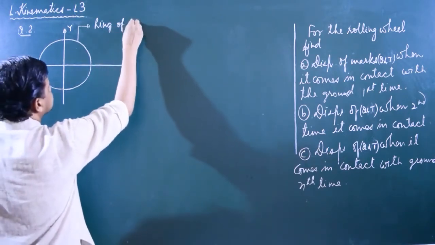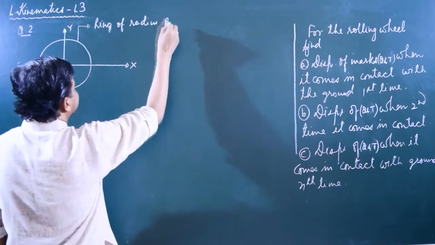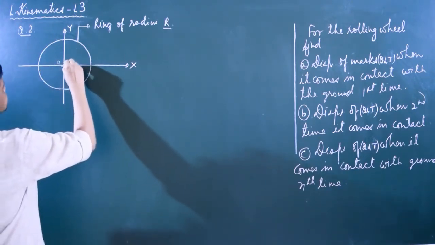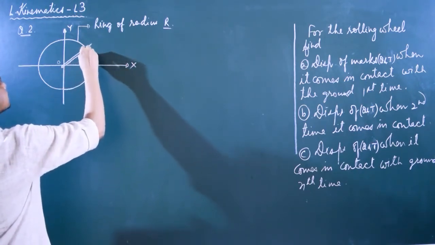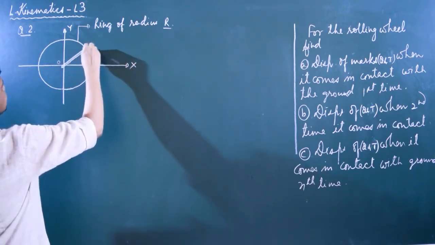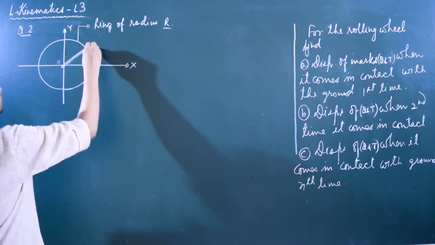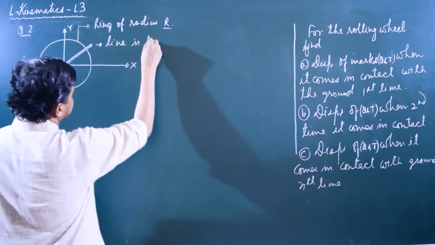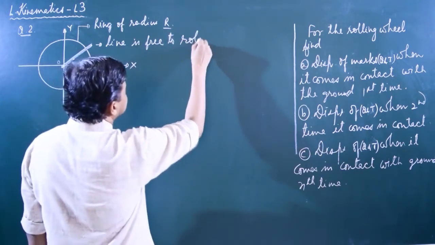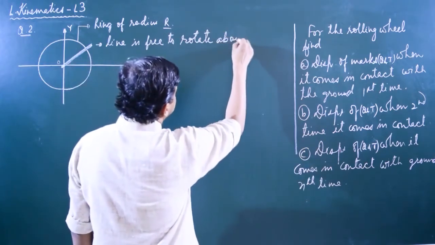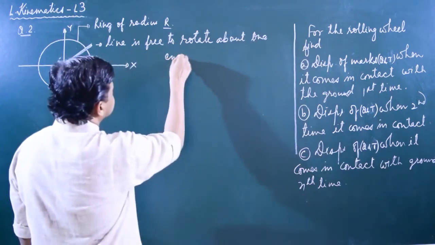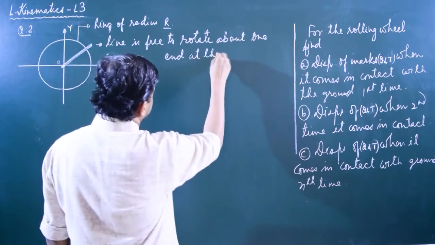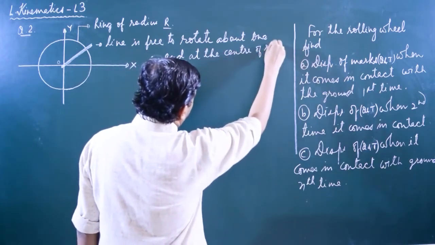And we have a line, which is free to rotate about its one end, and that end is at the center of the ring.